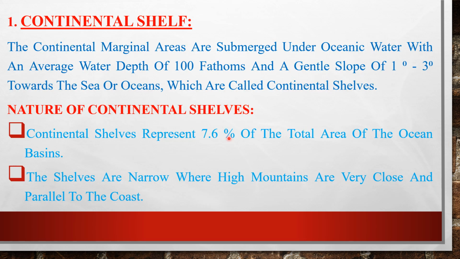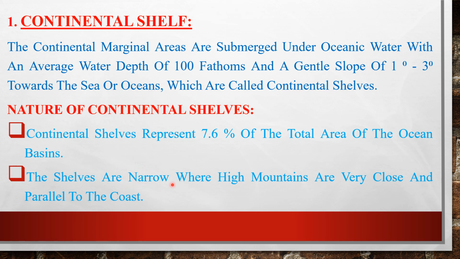Continental shelf. The continental margin areas submerged under oceanic water with an average water depth of 100 fathoms and a gentle slope of 1 degree to 3 degree towards the sea or ocean are called the continental shelf. Nature of the continental shelf: the continental shelf represents 7.6% of the total area of the ocean basin.